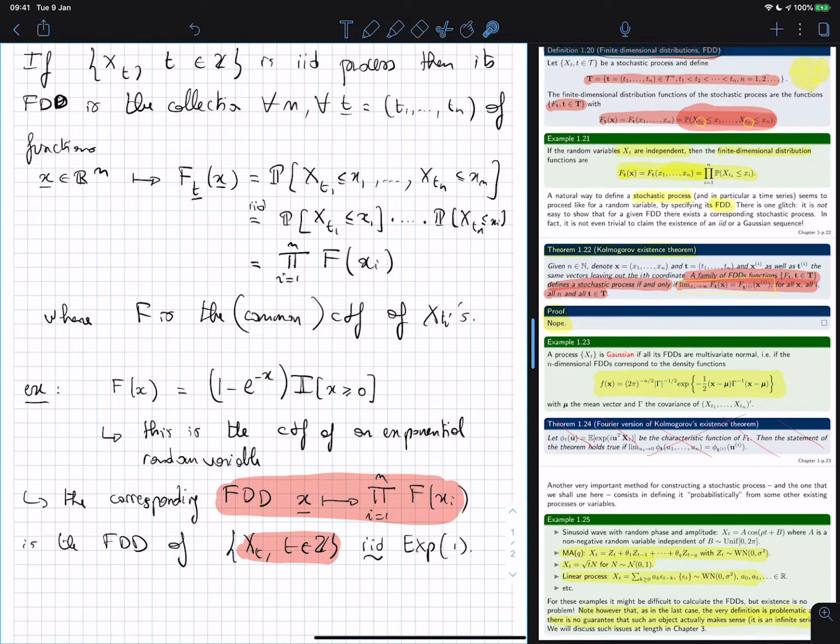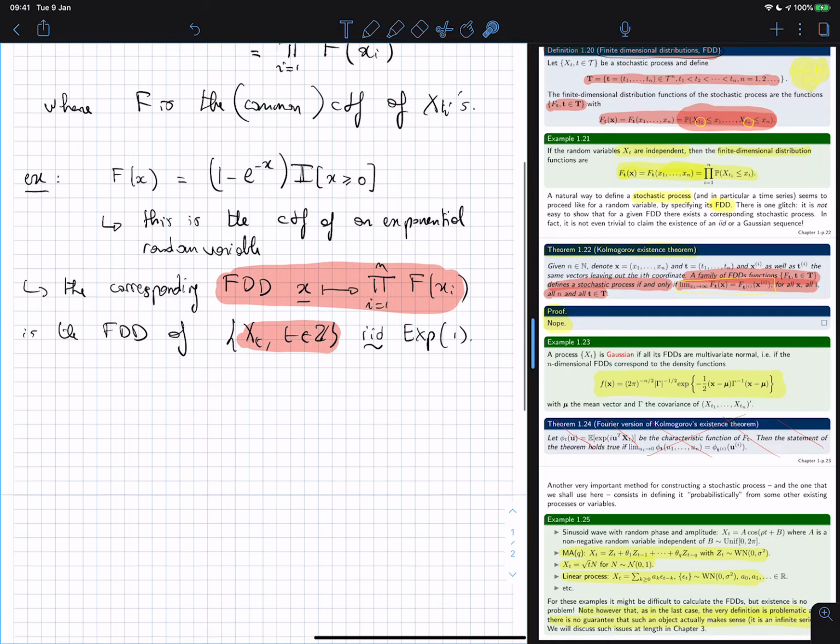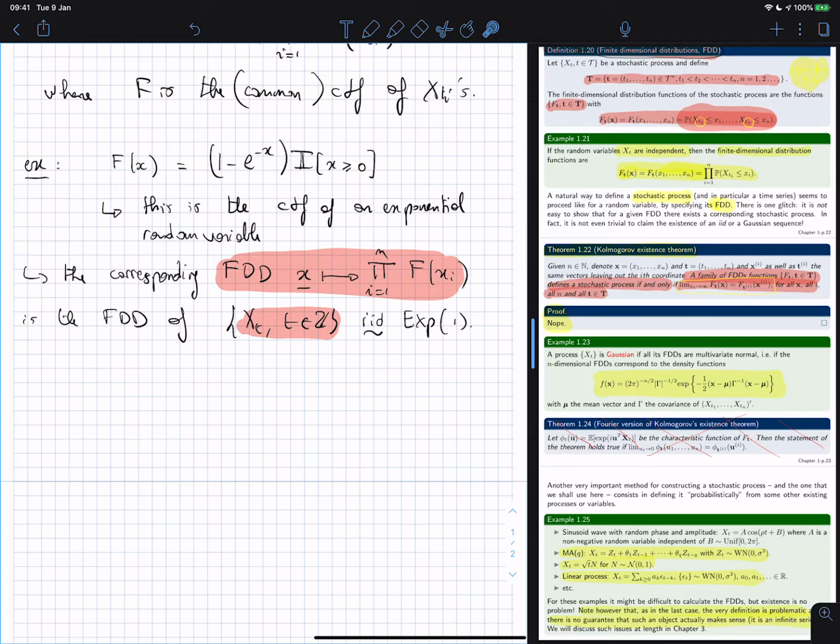If I can construct a random variable with this CDF, then I can construct the corresponding IID process because I have its FDD, which gives me its existence. Now, more generally, how do I know that a given family of finite dimensional distributions is indeed the FDD of a stochastic process?